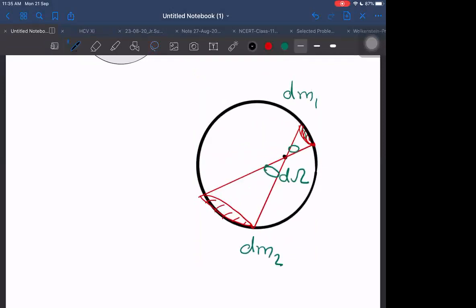Now, if I take this point here, the vertex point of the cone, where the solid angle is subtended, we know these are the solid angle d omega, both sides, equal and opposite angles.